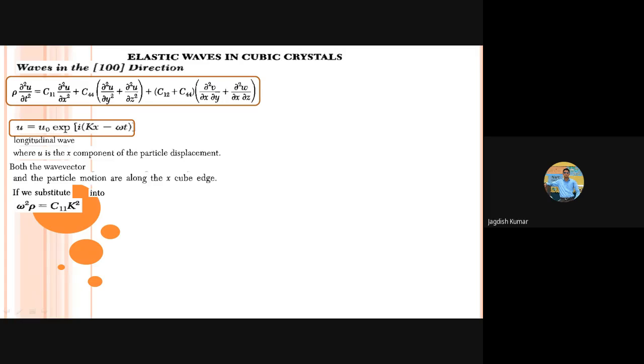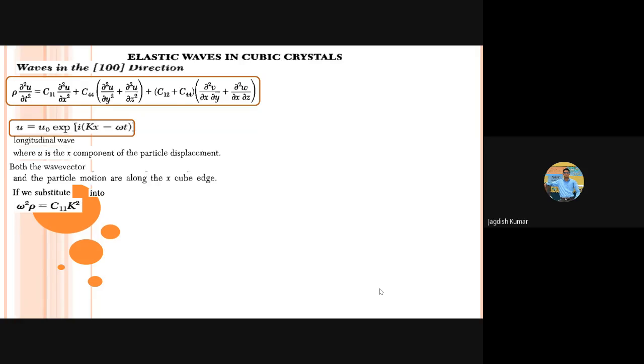Okay, Sakshi got it. Ankush got it. Rahul, you are writing something like omega rho is this. It should be omega square, Rahul, I think, not omega. Yeah, good. So this is what we are getting.